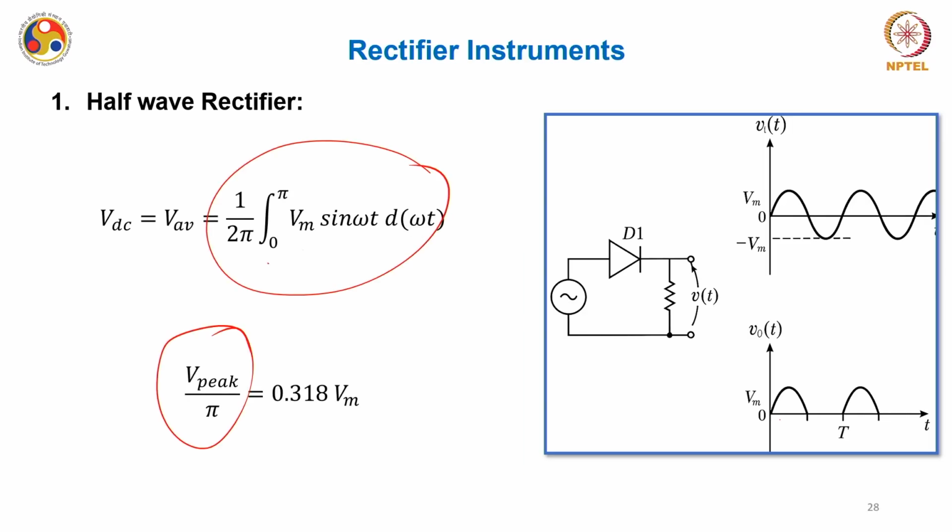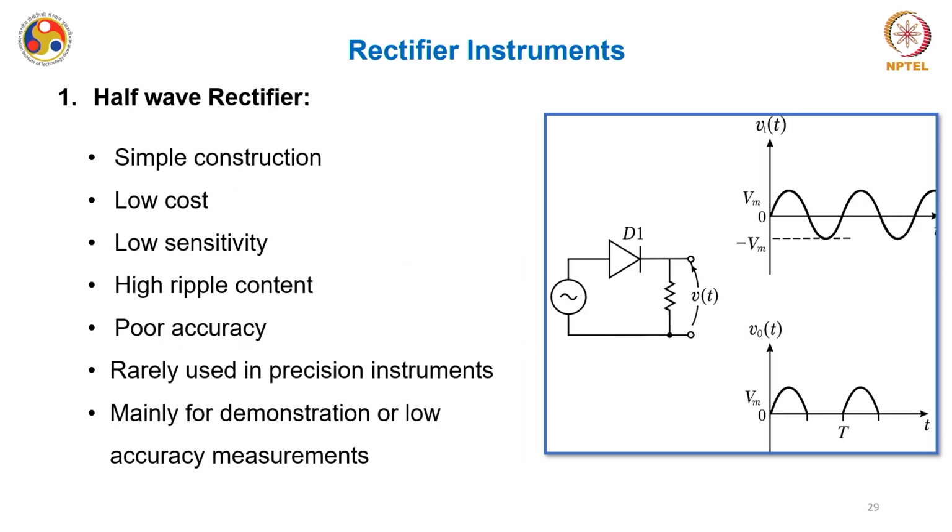So this is about the half wave rectifier. The half wave rectifier is very simple in construction. You have used only one diode. They are low cost devices, but the sensitivity is compromised because of the utilization of only one diode.